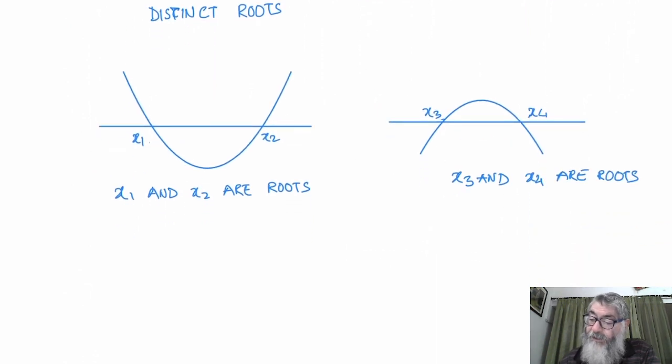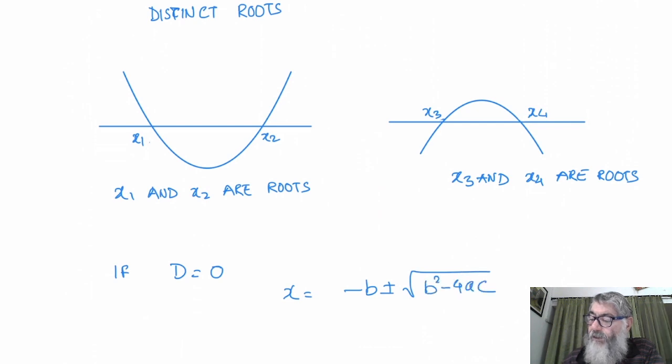Now in the second case, if D is equal to 0, what will you get? Let me show it to you theoretically also. x is equal to minus b plus minus square root of b square minus 4ac upon 2a.